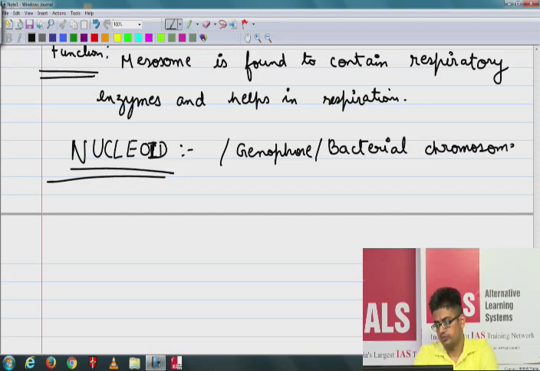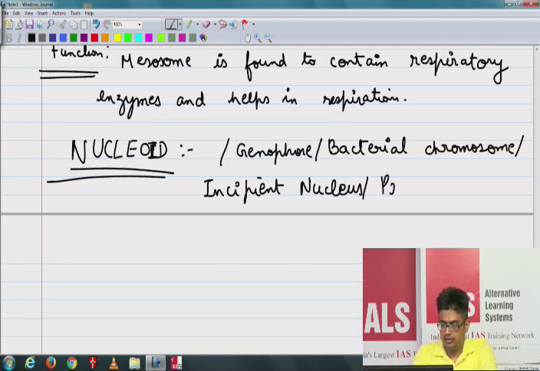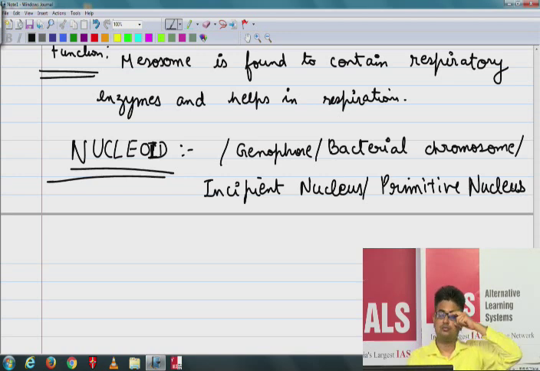Single chromosome actually. Incipient nucleus or primitive nucleus. Incipient nucleus, primitive nucleus, genophore, bacterial chromosome, all these are names of nucleoid.